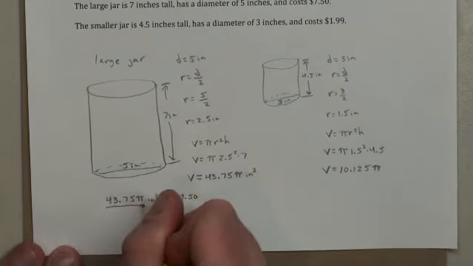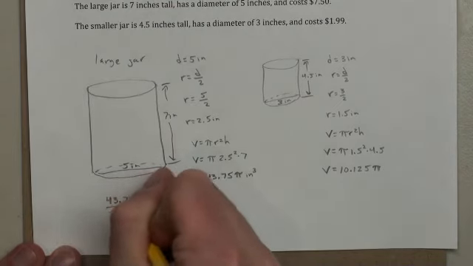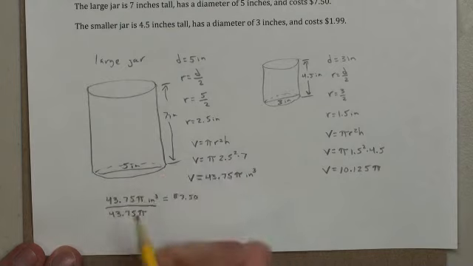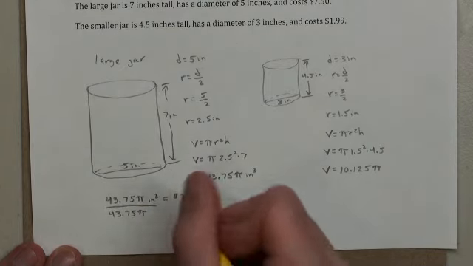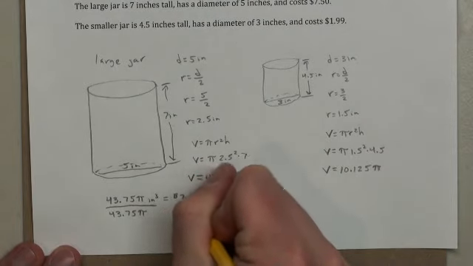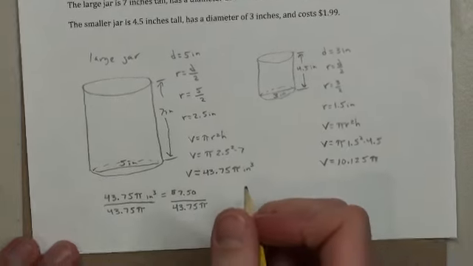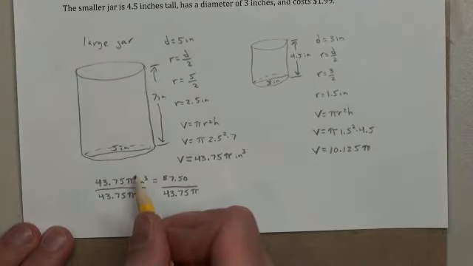So we're going to divide both sides by 43.75 pi because we want this to be 1 inch cubed. But what I do to one side, I have to do to the other side. So on the left, it's easy.